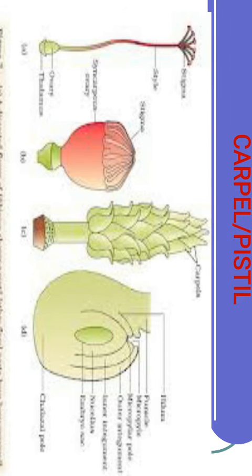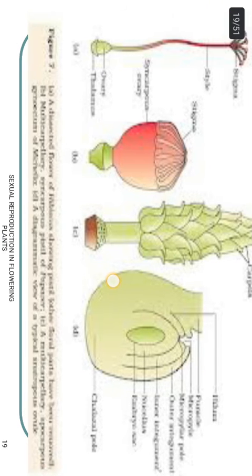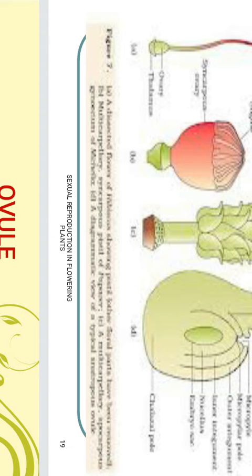And you all know that inside the ovary, ovules are present. These ovules are attached to the ovary with the help of connective tissue called the placenta. The arrangement of ovules inside the ovary with the help of the placenta is called placentation.